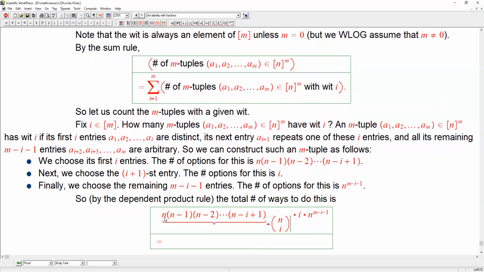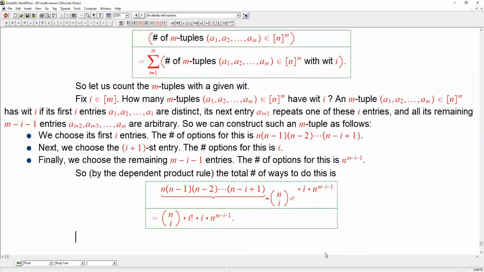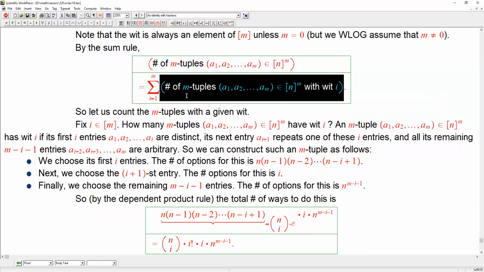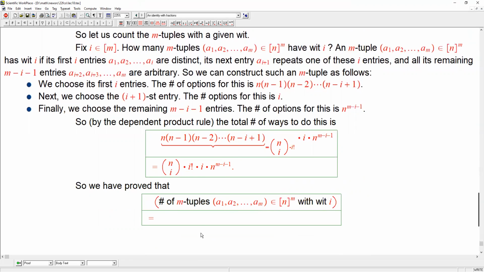So if you divide it by i factorial, this will be n choose i. So this is n choose i times i factorial. Okay, looks good, right? So we have proved that the number of m-tuples with width i equals this product for each i.